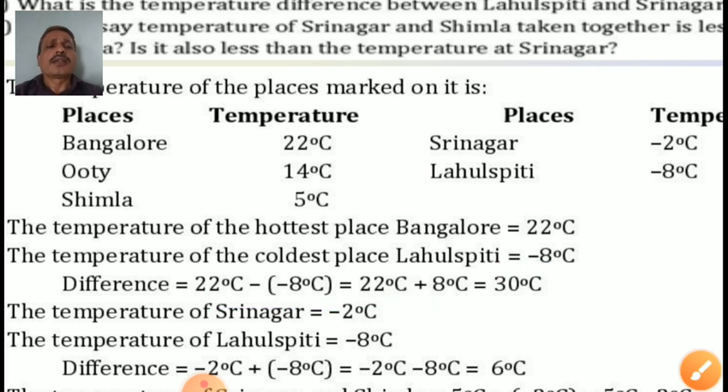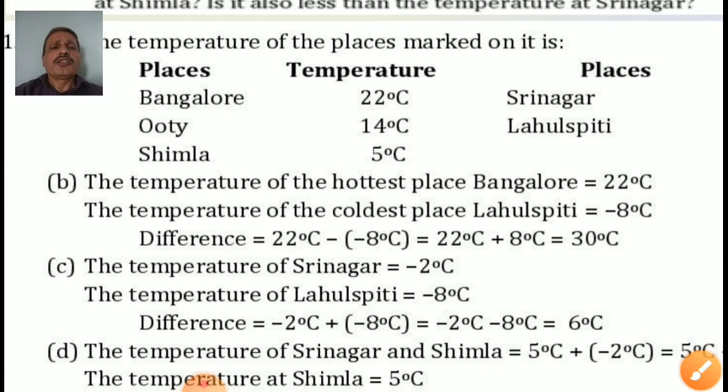Look at C. The temperature of Srinagar is how much? Yes, the temperature of Srinagar is -2 degrees centigrade. Students, be careful. Whatever they ask us, we have to write the plus or minus sign. Now the temperature of Lahaul Spiti, yes, that's -8 degrees centigrade.